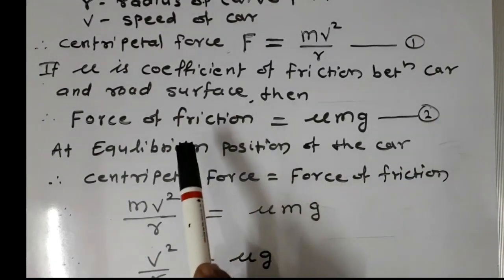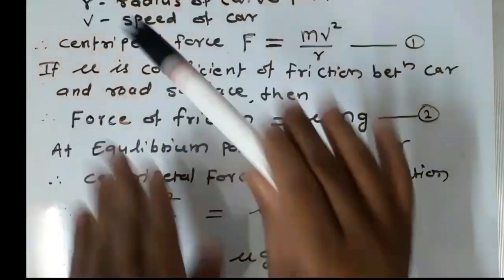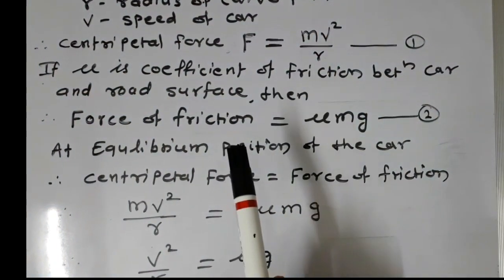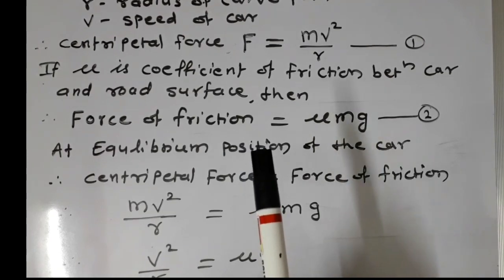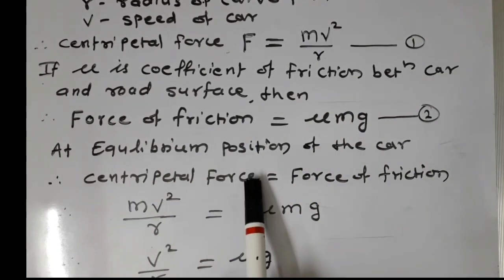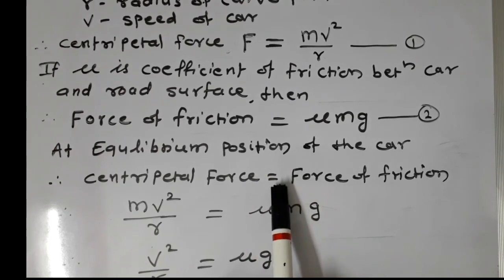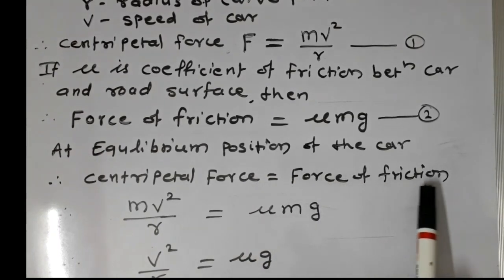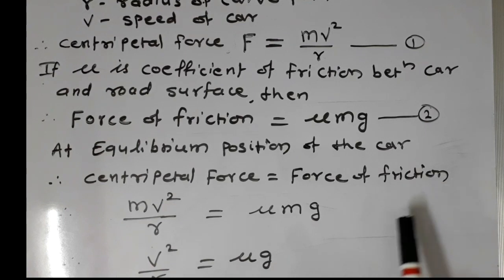Now at the equilibrium position, when the car turns along the horizontal curved surface, it should be balanced. At that time the centripetal force is equalized by the force of friction between the car and the road surface.